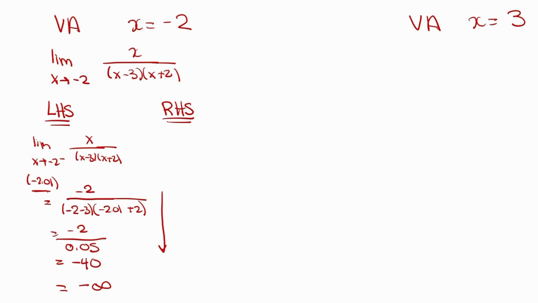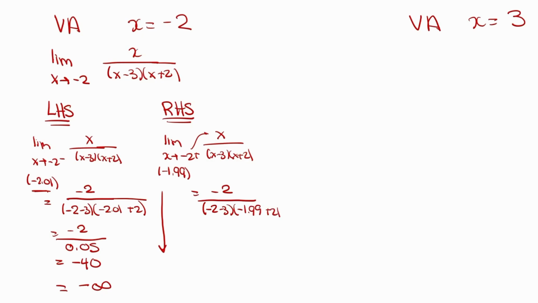Now let's do the same thing and look at the right-hand side. So my limit as x approaches -2 from the right-hand side of x over (x minus 3)(x plus 2). We're going to substitute our -2 in for our x and then let's use -1.99, so just to the right-hand side of -2. So we get -2 over -2 minus 3, -1.99 plus 2.